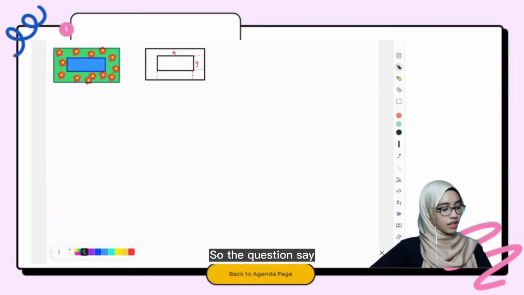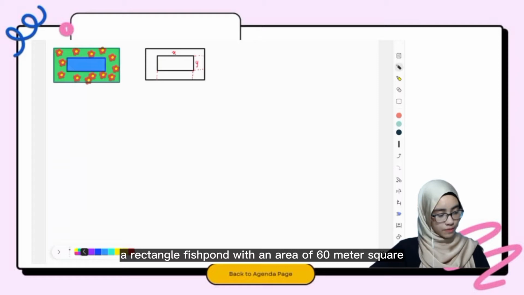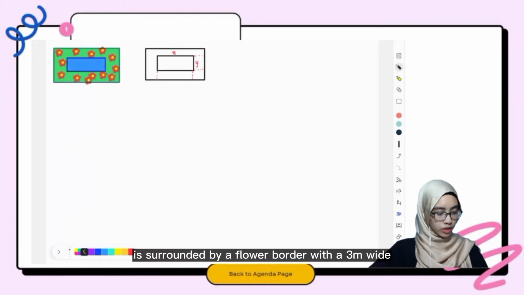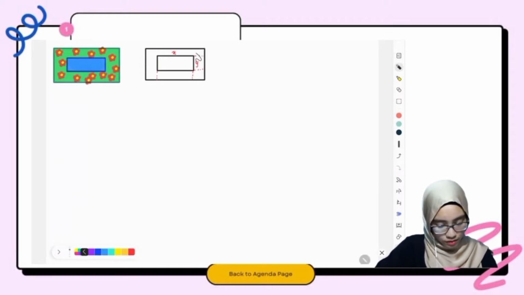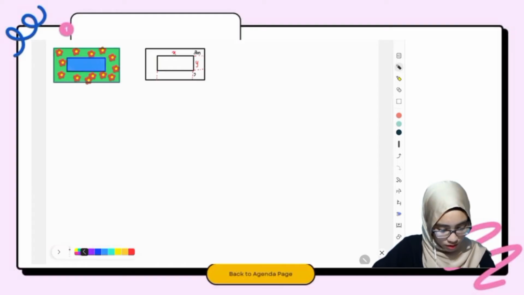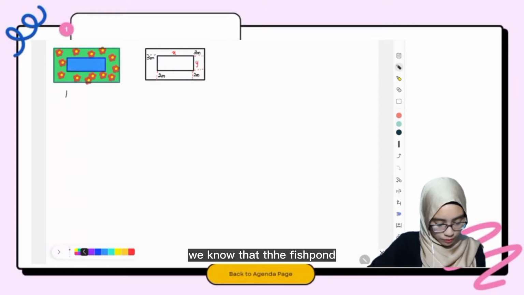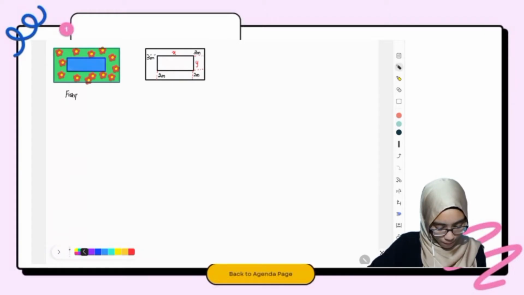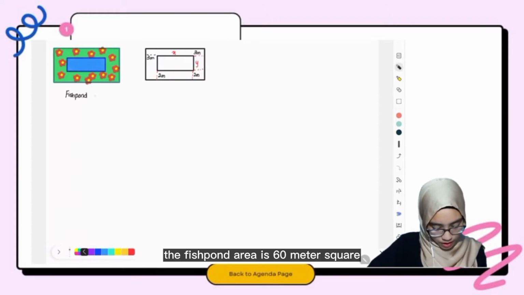So the question says, a rectangular fish pond with an area of 60 meters squared is surrounded by a flower border, 3 meters wide and 2 meters wide. We know that the fish pond area is 60 meters squared.